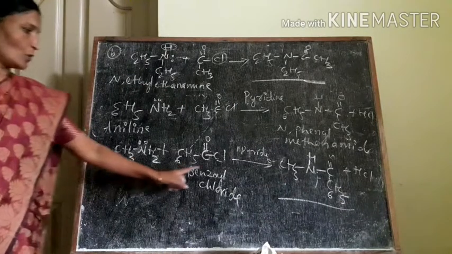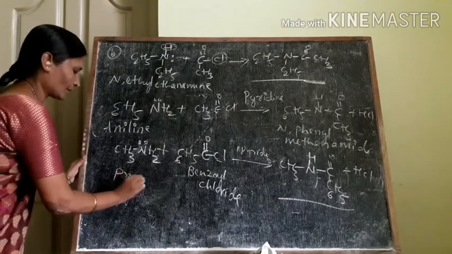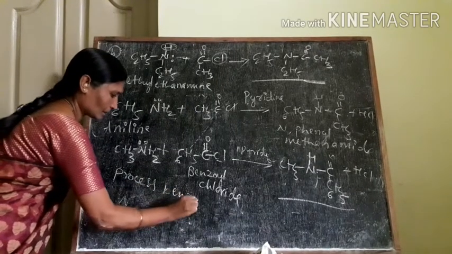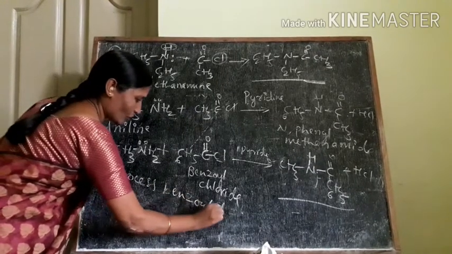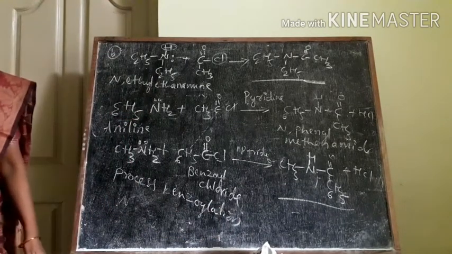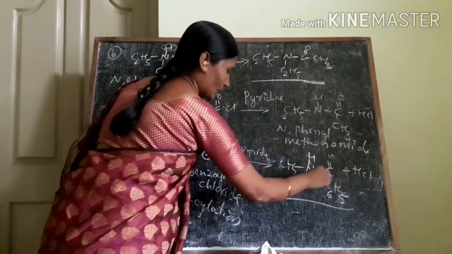This process is known as benzoylation. So the name of this compound is N-methyl benzamide. N-methyl benzamide.